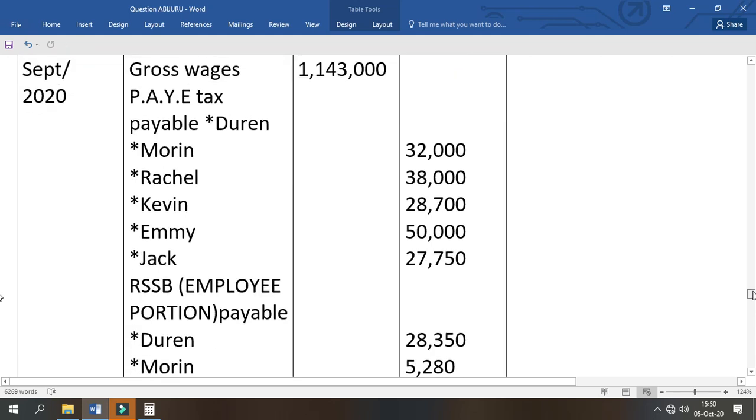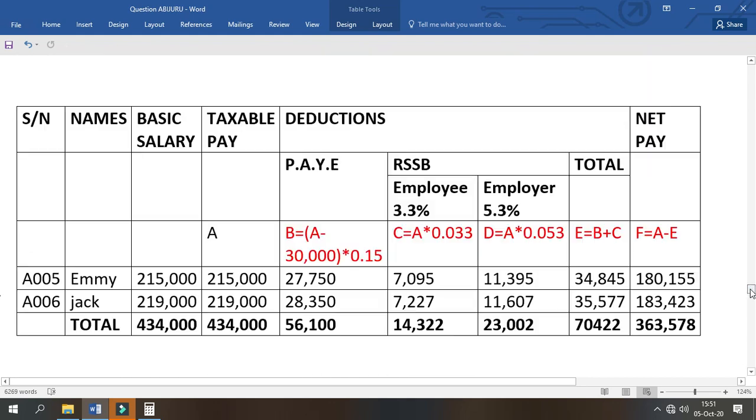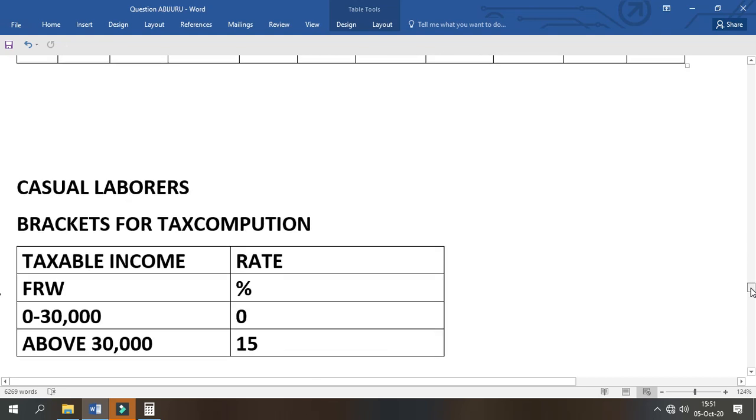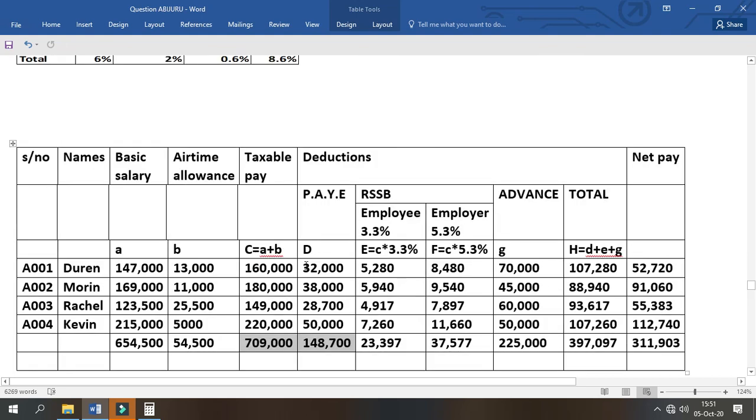So we have debited gross pay, which is equal to 1,143,000, and we are going to credit the pay as you earn tax payable account for each employee. See in this table, in this payroll for the permanent employees, the pay as you earn for Dylan is equal to 32,000. For Maureen is equal to 38,000.